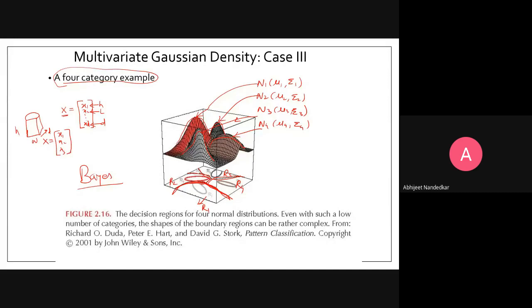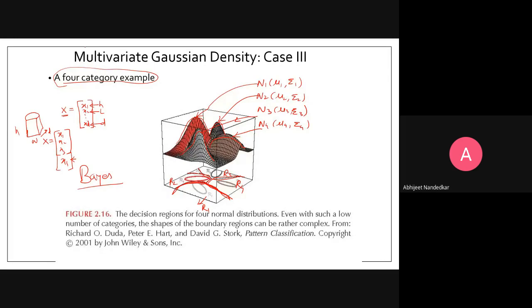Somebody may say this is not sufficient, I will measure something else, say the weight of this object. Then you have a fourth one as weight. So you can keep on adding features if your problem is not solved with a smaller number of features. If you add more features, then the dimension of the data will increase.